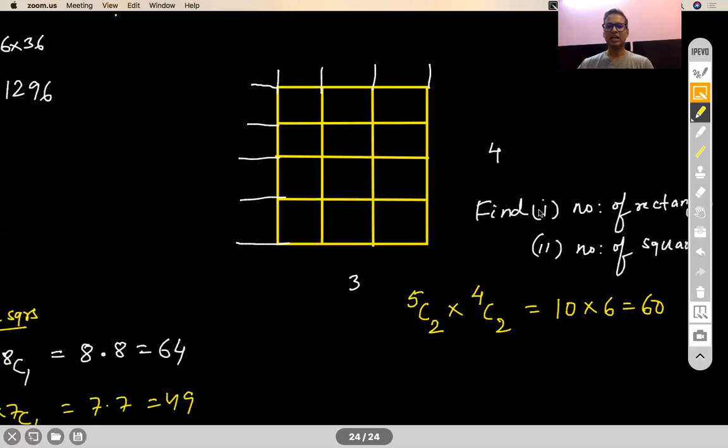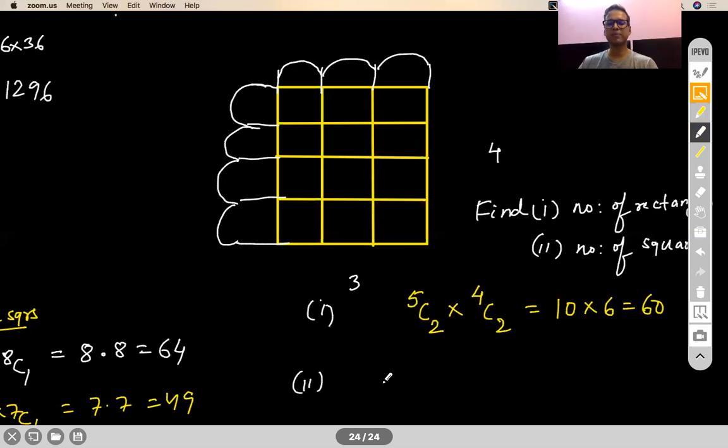Okay. How many squares will be there? To make a 1 by 1 square, you can choose any of these three. So let me write the second part. To make a 1 by 1 square, you can choose any one of these three, so 3C1, and any one of these four, so 4C1, correct?